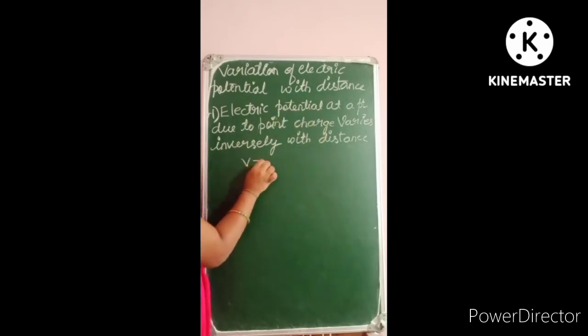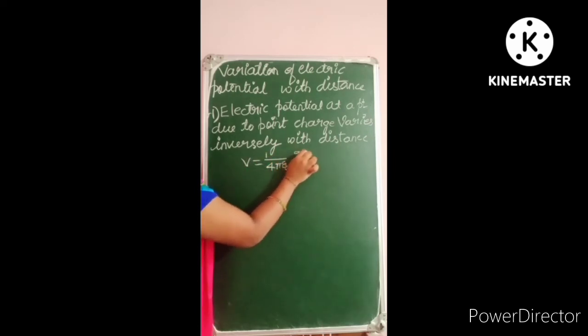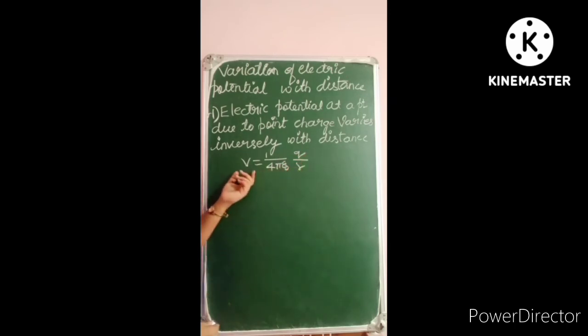We can write this using the formula V is equal to 1 divided by 4 pi epsilon naught Q divided by R. This is just for information, no need to remember this one. You have to know how the electric potential varies with the distance. It is inversely proportional. For your convenience, I have written the expression here.